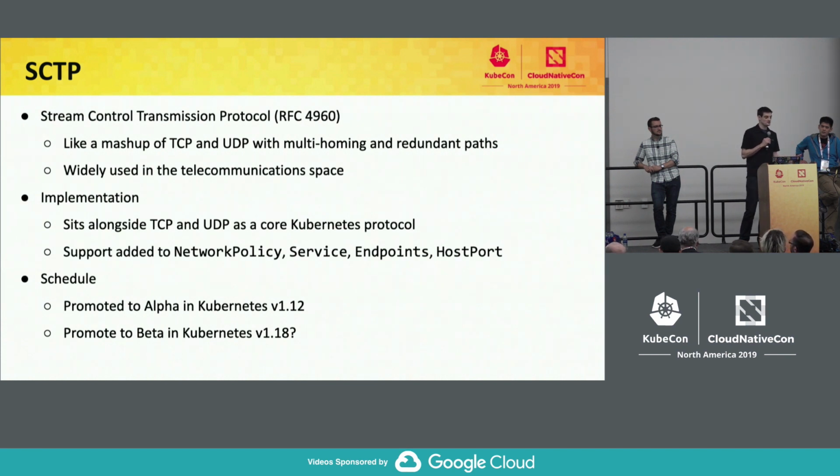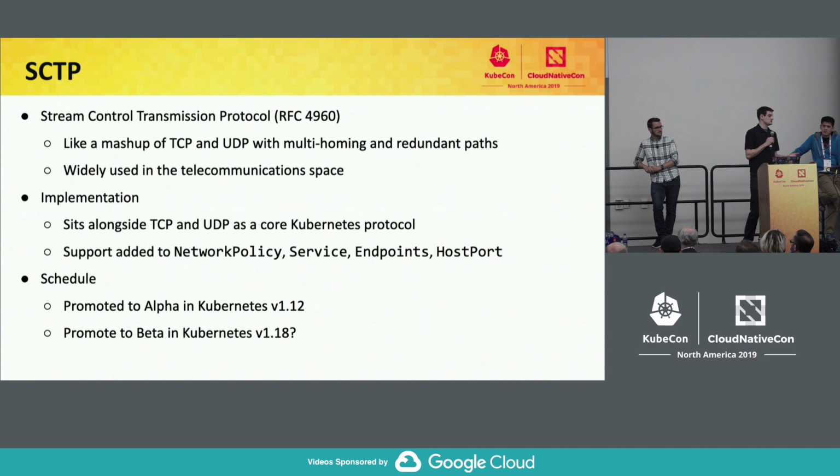Kubernetes only supported, up until a couple of releases ago, I believe, TCP and UDP for a lot of the service and ingress and other operations. And it turns out that as Kubernetes is trying to enter new industries and businesses, SCTP was something that quite a few users were interested in having support for in Kubernetes.